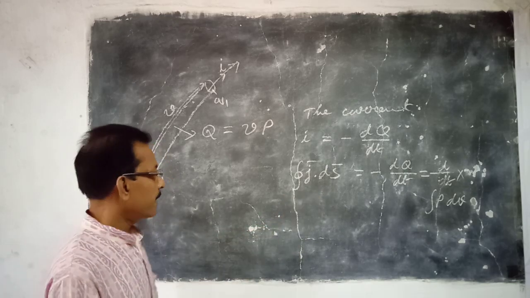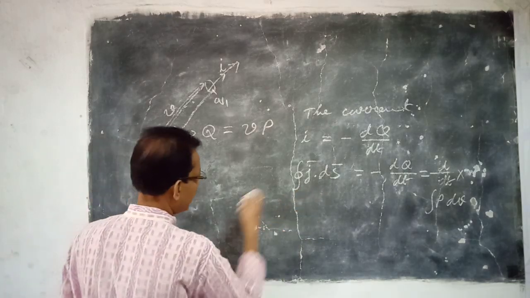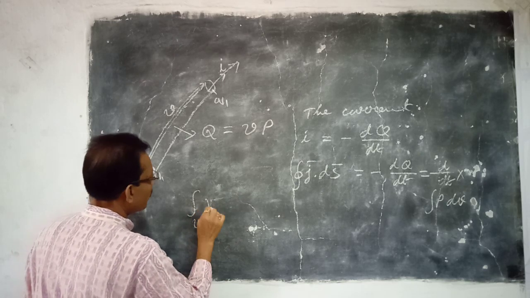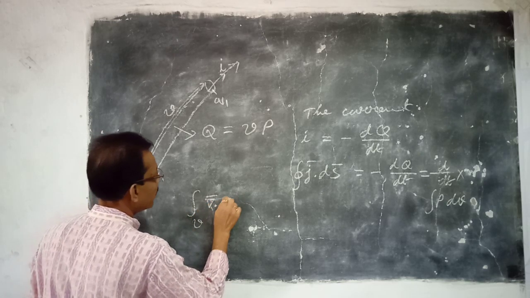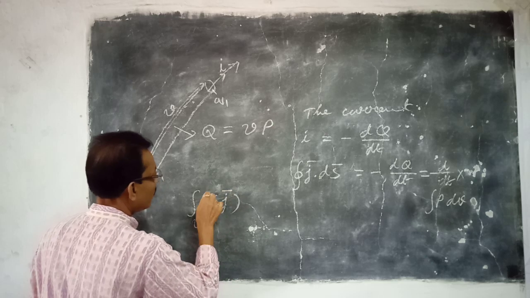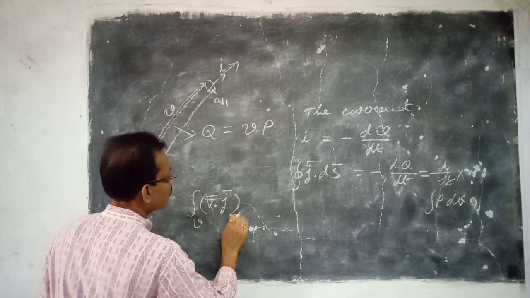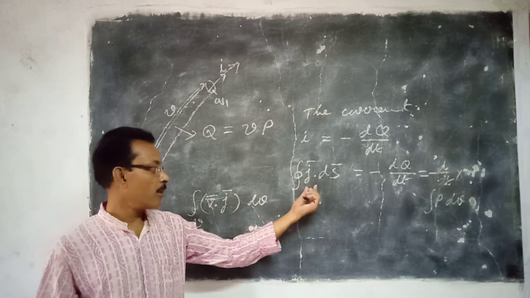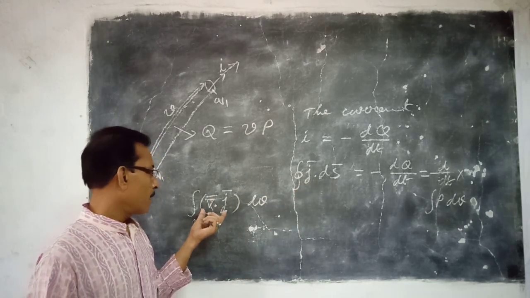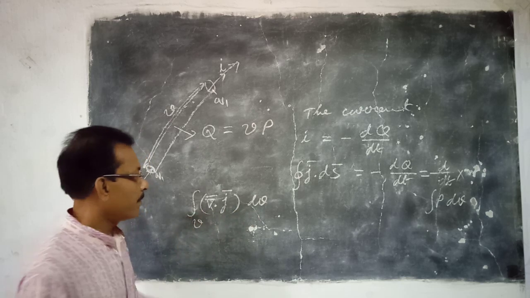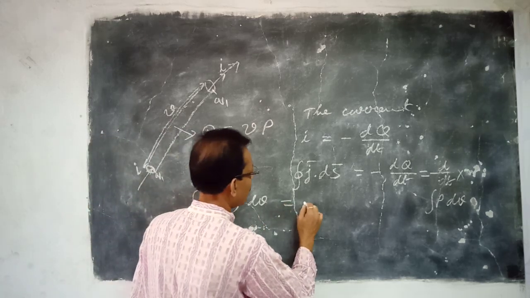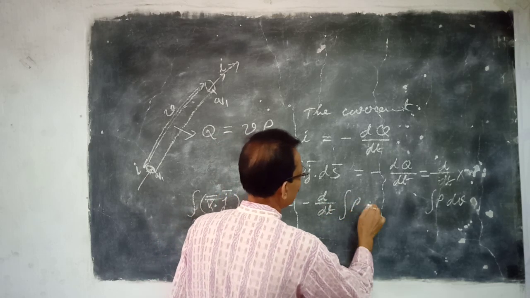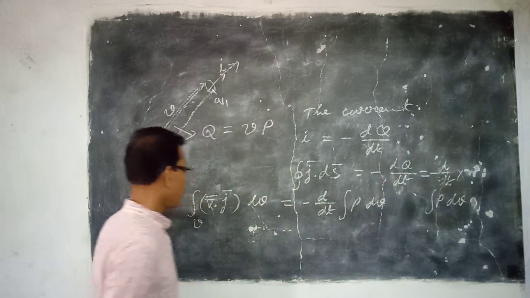Now, by applying the divergence theorem, this side we write J dot ds. It is the volume integral of divergence of J dV. The closed surface integral of the vector is equal to the volume integral of the divergence of that vector, that is equal to minus d dt of the integral of rho dV.